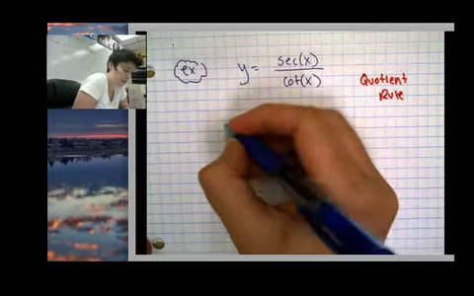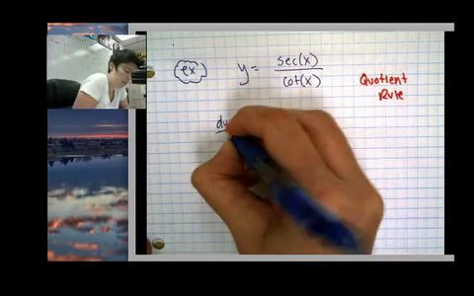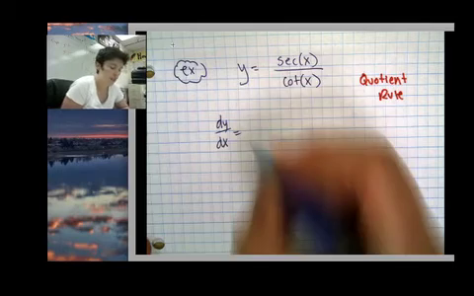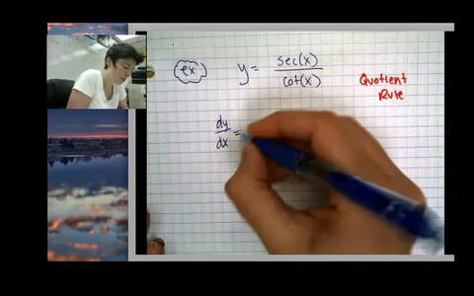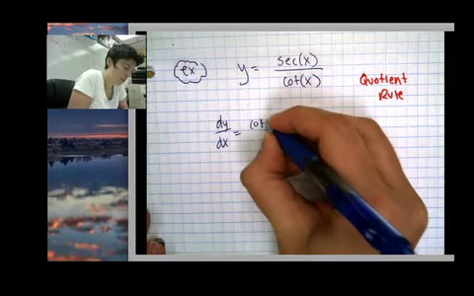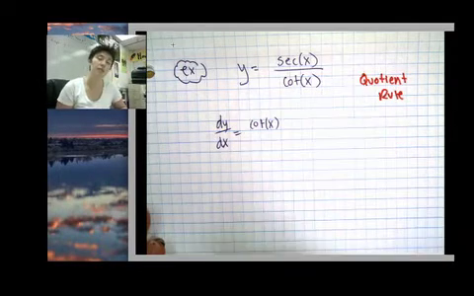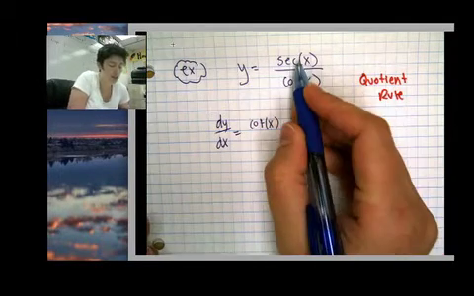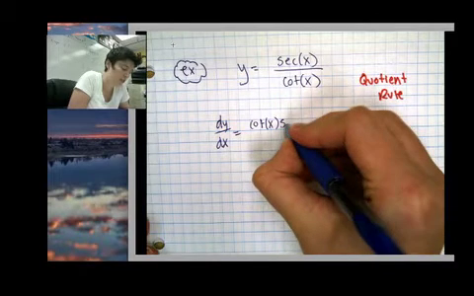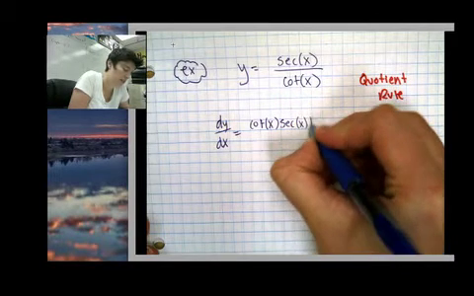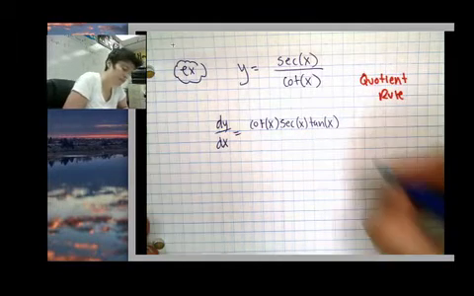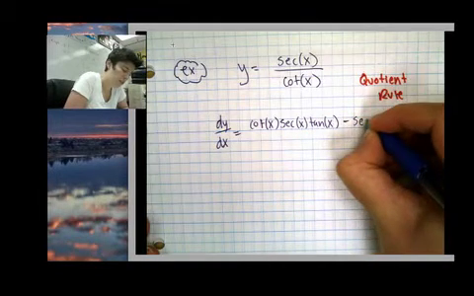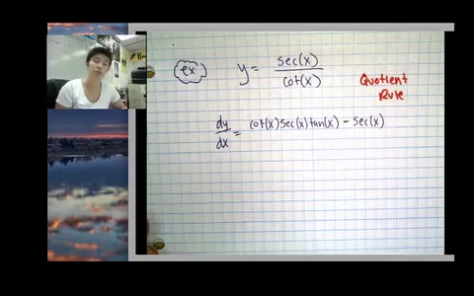So my derivative, dy dx, the derivative of y, is going to be the bottom times the derivative of the top. So the bottom is cotangent of x times the derivative of the top. The derivative of secant is secant tangent, so secant of x, tangent of x, minus the top, secant of x, times the derivative of the bottom.